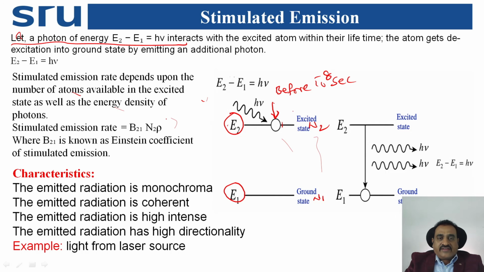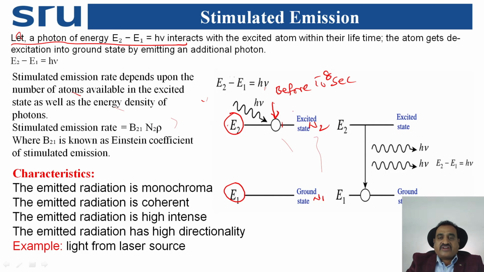So let a photon of energy E2 minus E1 is equal to h nu interact with the excited atom within its lifetime. The atom gets de-excited into the ground state by emitting an additional photon, E2 minus E1 is equal to h nu.